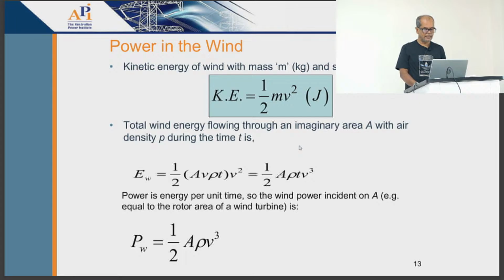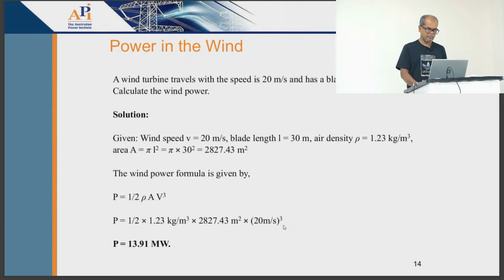So for any wind farm, you can use the same equation, and considering the diameter, area, and wind speed, you can see what sort of power you can get for a particular turbine.